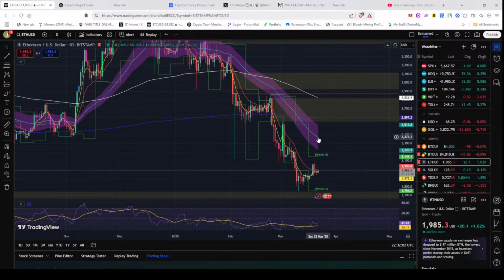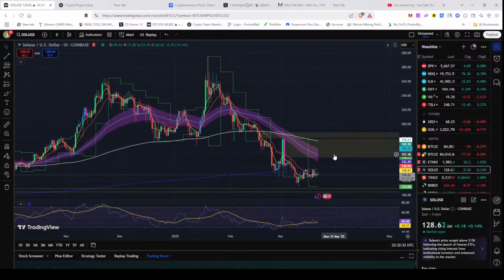You see the RSI starting to turn back up. We want to see the RSI tap this yellow line and continue towards the upside. This will be beneficial overall for Ethereum, especially with the reserves that Trump signed for.